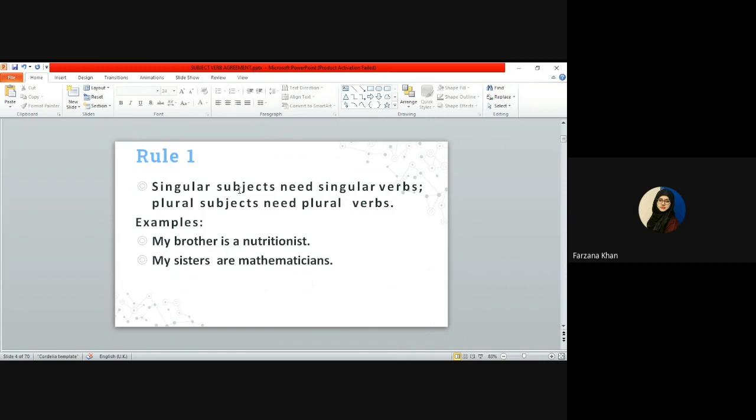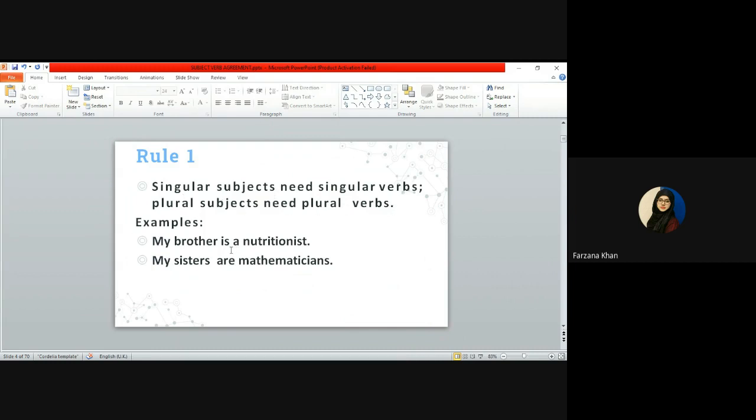A subject is the name of a person, place or thing which performs a function in the sentence, or about which we are basically talking in the sentence, and a verb is the action performed by the subject. So according to the first rule, singular subjects need singular verbs and plural subjects need plural verbs.